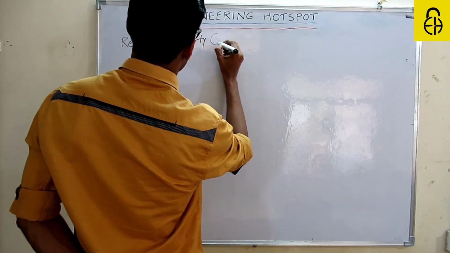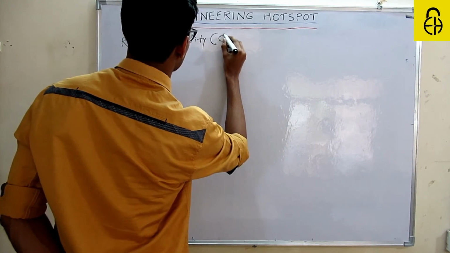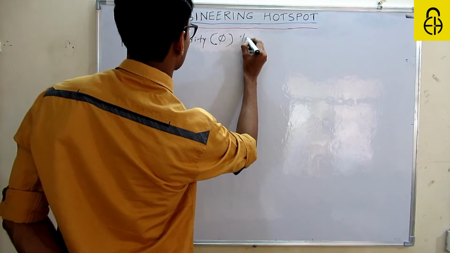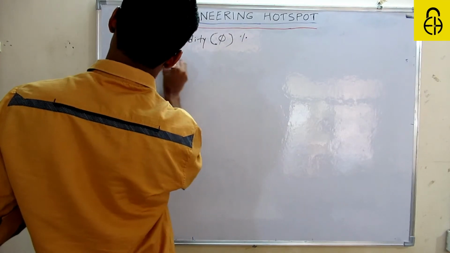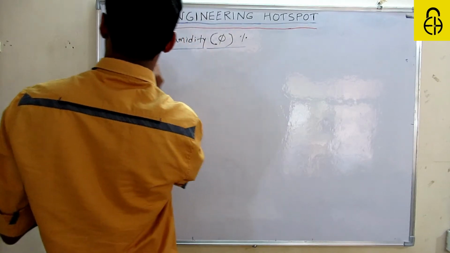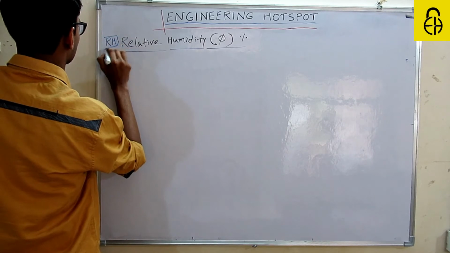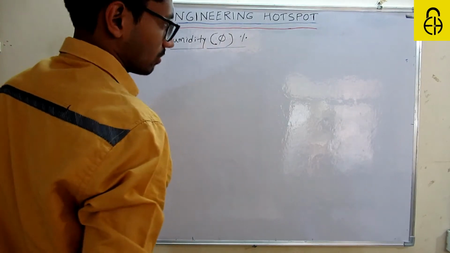It's denoted by phi, and it's basically represented in percentage. In short form, it's RH. So, what is relative humidity?